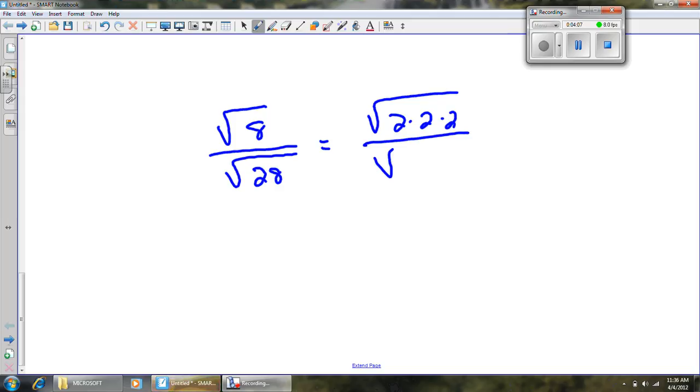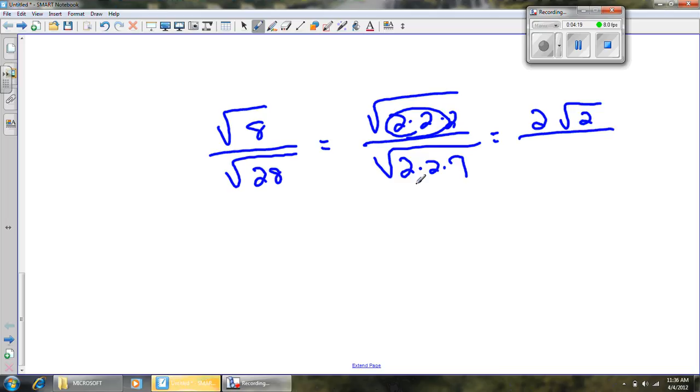And 28 is going to break down into 2 times 2 times 7, 4 times 7, right? So I got a pair of 2's that can leave the house. My numerator is going to look like this. My denominator's got a pair of 2's that are going to leave the house, so it'll look like that. Well, I'm not done with this problem because 2 over 2 cancel out, and I'm left with rad 2 over rad 7.